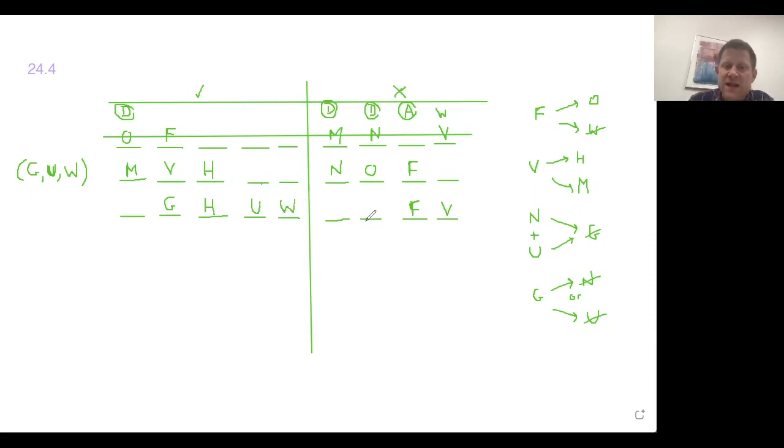Because we have managed to fill up the out column, F, V, and remember, 2 dietaries, we can now fill up the in column with the non-dietaries, G, H, U, and W. And then we can look at this rule once more and say, all right, does that prompt anything? In this case, it actually does.